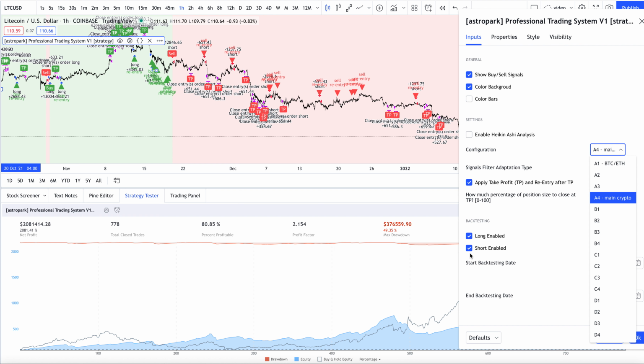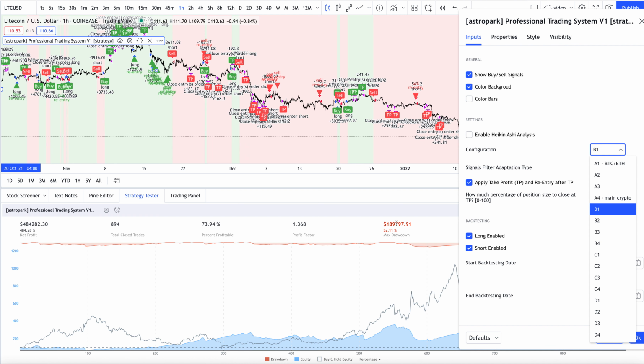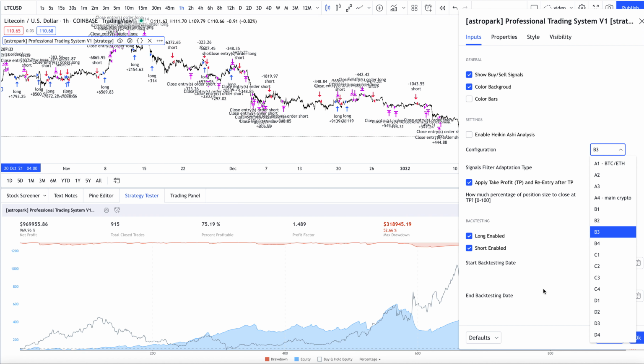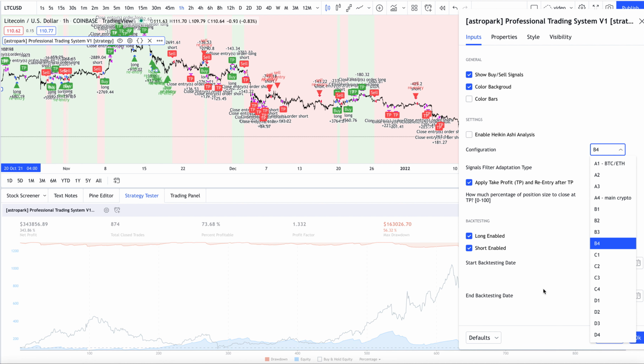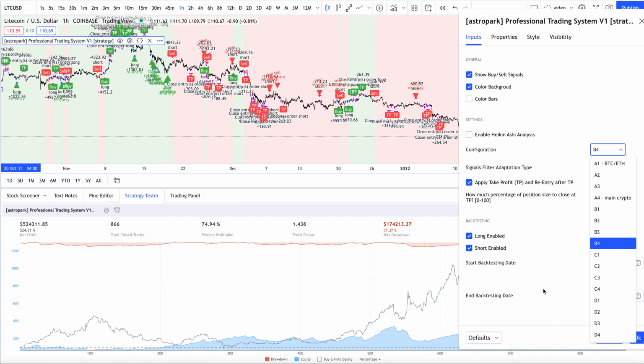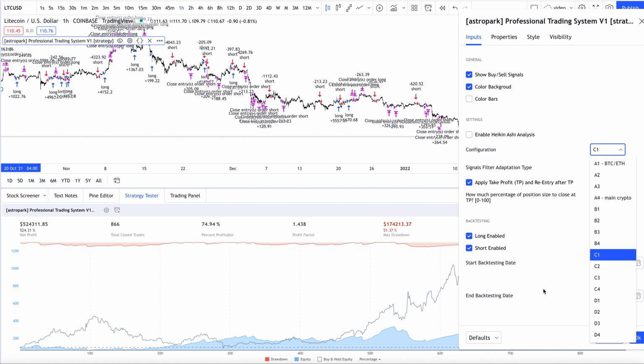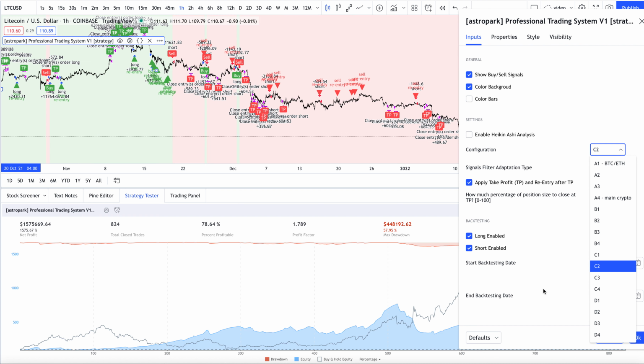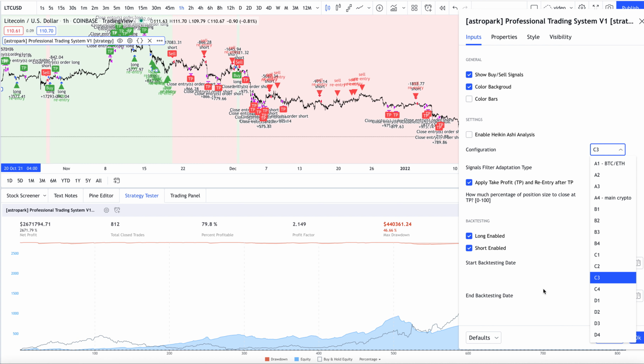So the configuration that has a number of max drawdown that is as low as possible, because 50% drawdown is not really something that you can accept when you are using the bot, right? So yeah, it seems that all these configurations have a very high max drawdown.